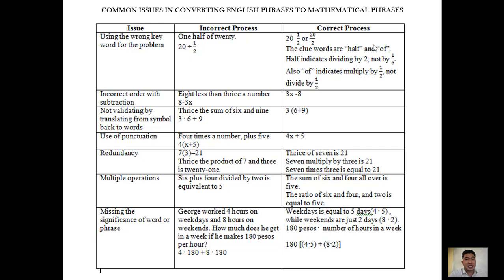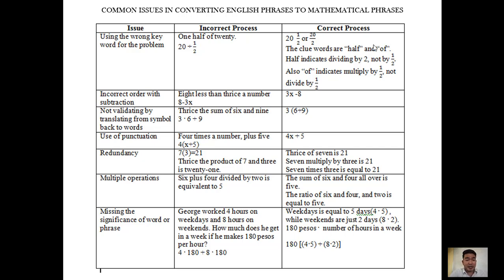First, you have to find the sum of 6 and 9 before multiplying by 3, because the phrase states that 6 and 9 are the two numbers that you have to get the sum of and get its thrice, its triple. So you will have 3 times the quantity 6 plus 9.